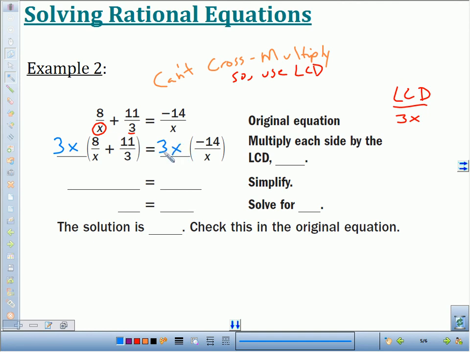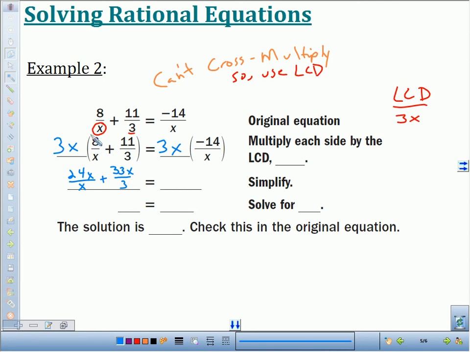So I'm just going to multiply everything in the equation, every single expression, by the lowest common denominator, 3x. Now when I do this, interesting things happen. For instance, I get 24x over x for the first one, and I get 33x over 3 for the second one.